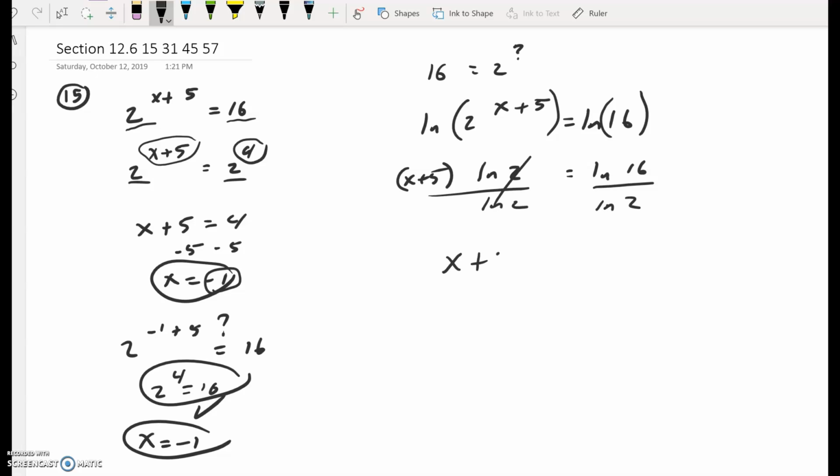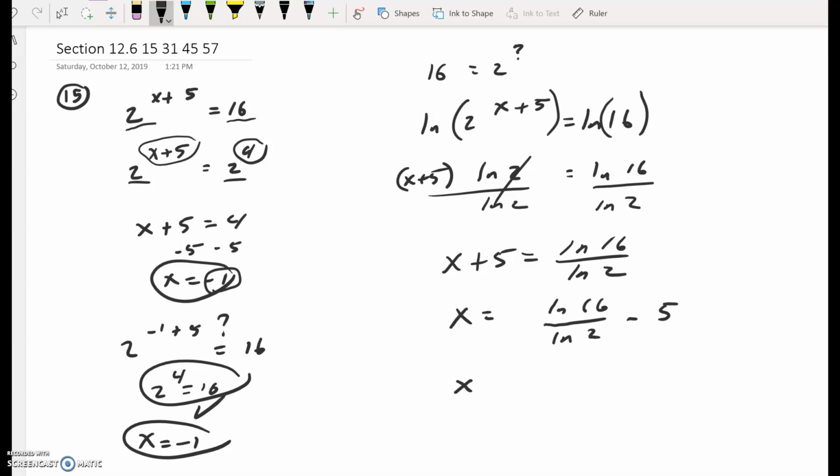And we have x plus 5 equals the natural log of 16 divided by the natural log of 2. We subtract 5 from both sides, and we get x equals the natural log of 16 divided by the natural log of 2 minus 5.